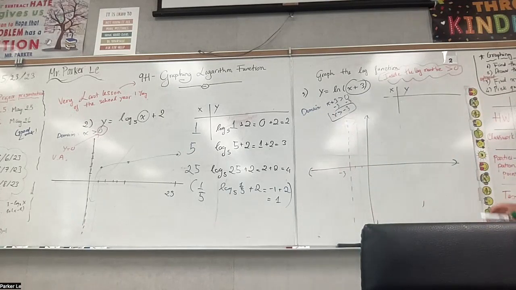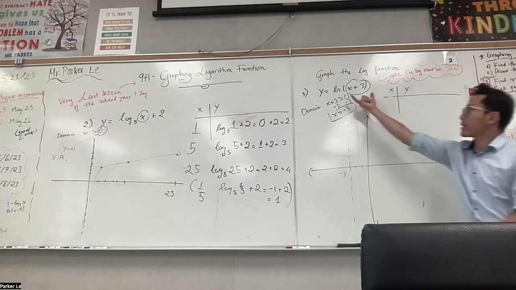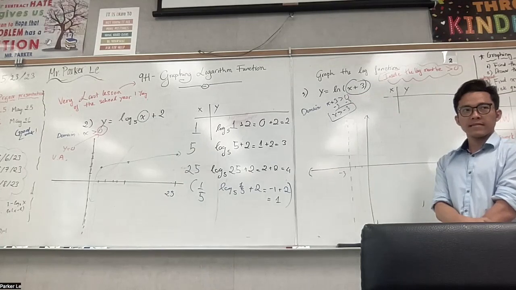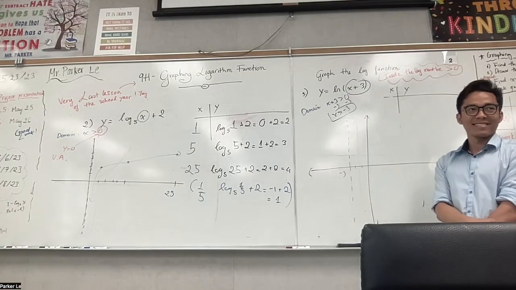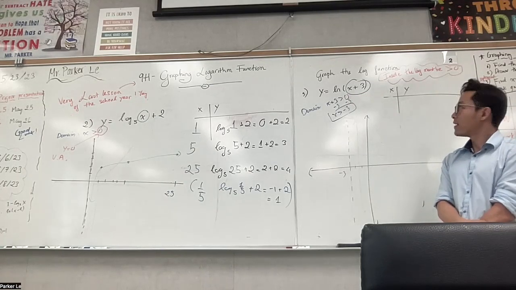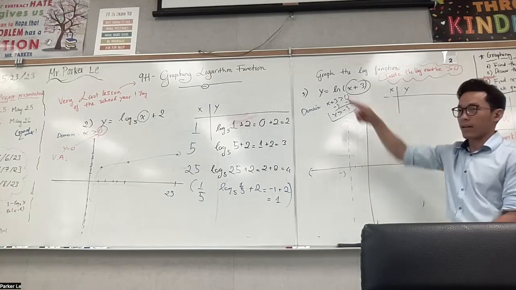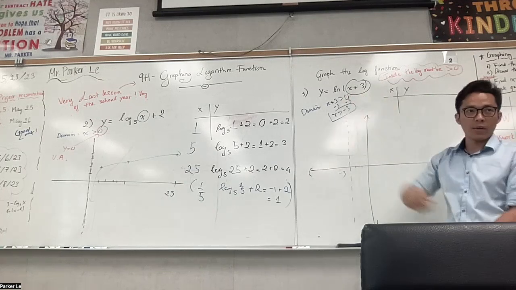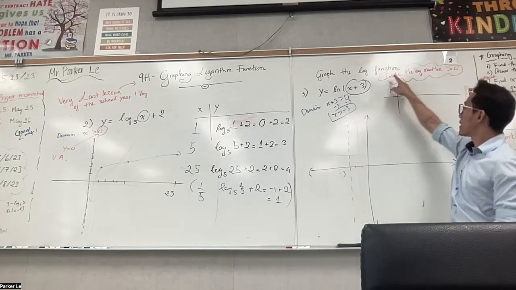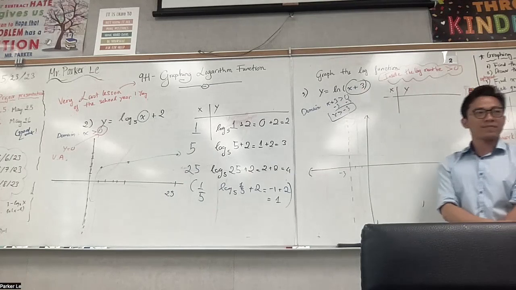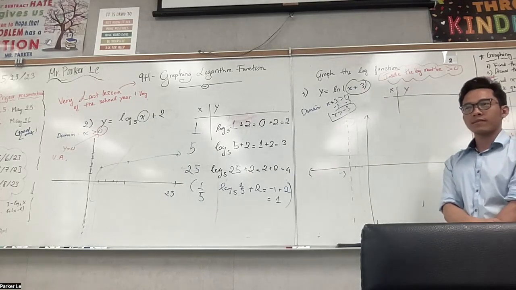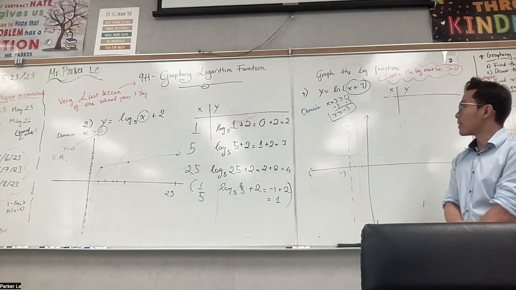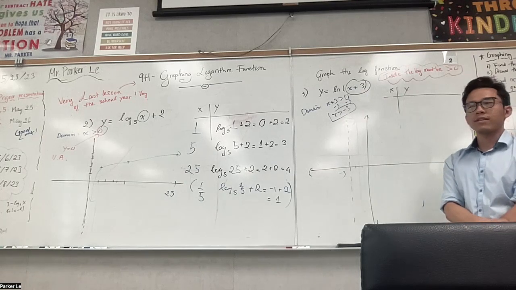Now I'm going to choose a good point. What is a good point? How do I make this one equal to 0? Negative 3 plus 3 is 0, but ln of 0 is not 0, and remember, inside the log must be larger than 0. So how can I make it equal to 0?